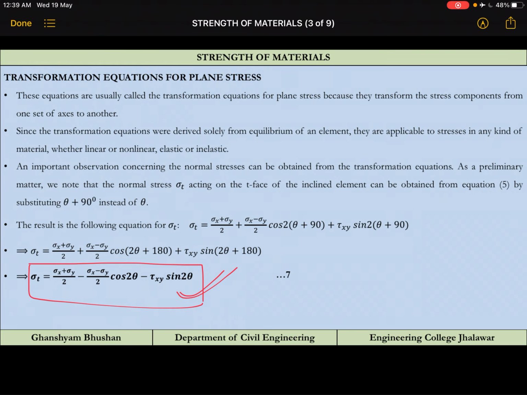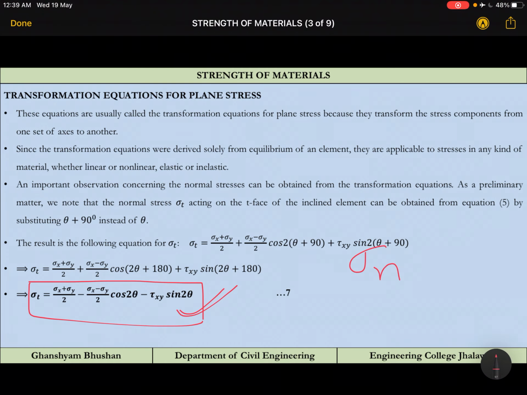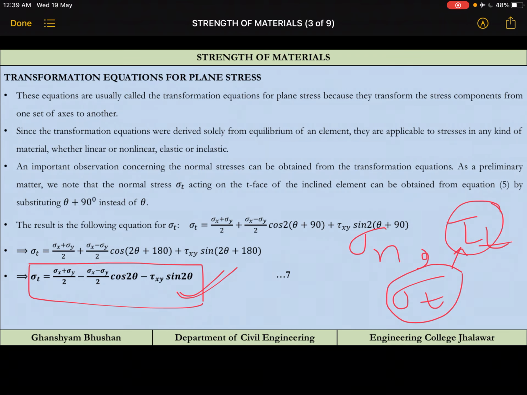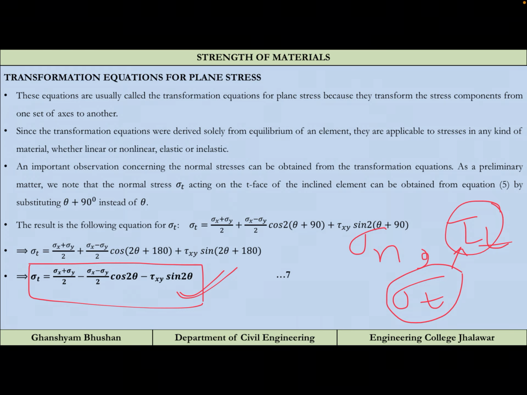This is also important, as in some questions you may be asked to calculate this stress. So up till now we have three equations: one for sigma n, tau t and sigma t. This sigma is on the plane of this tau. I hope you are along with me.